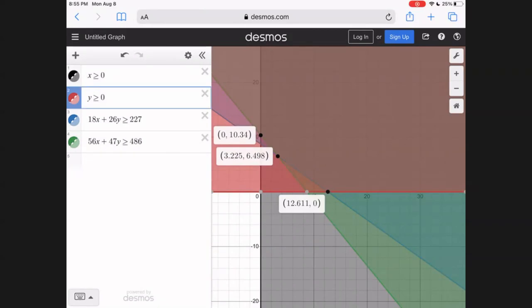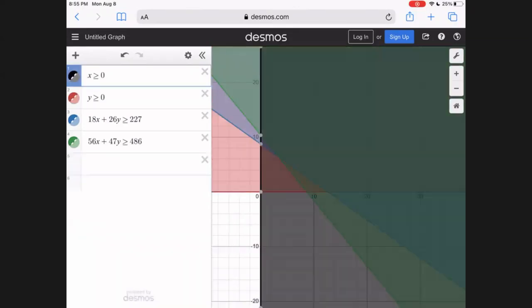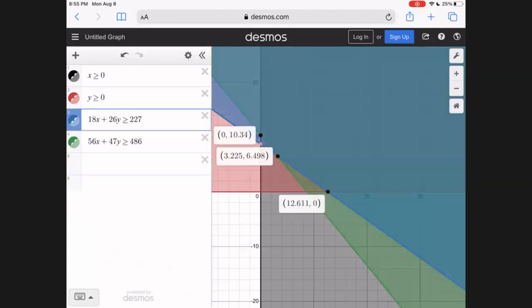Okay. So let me indicate these points again. Write these down, take a photo of them.